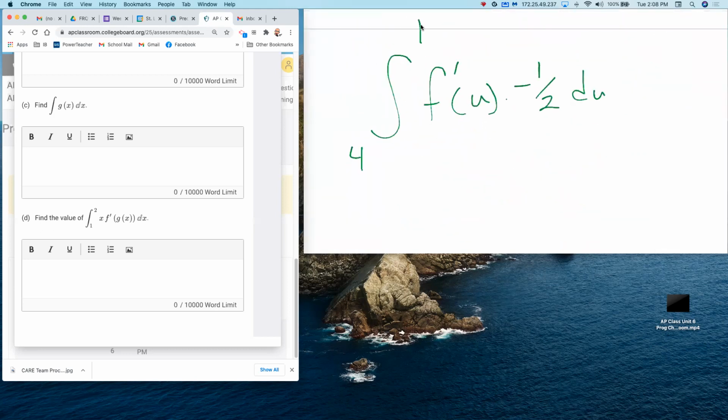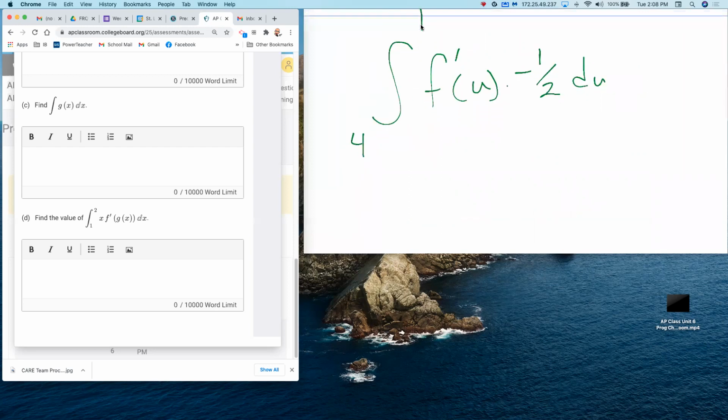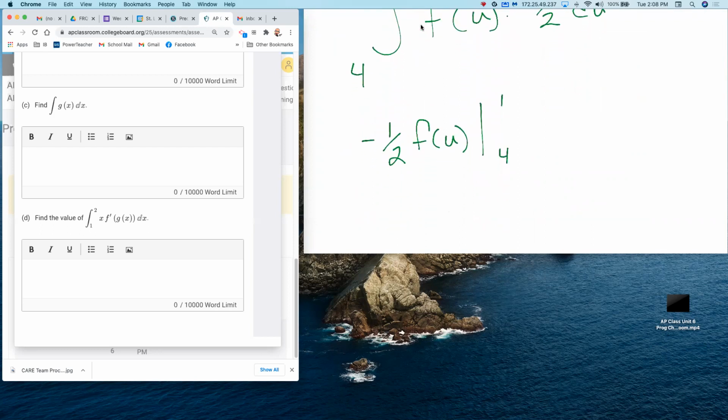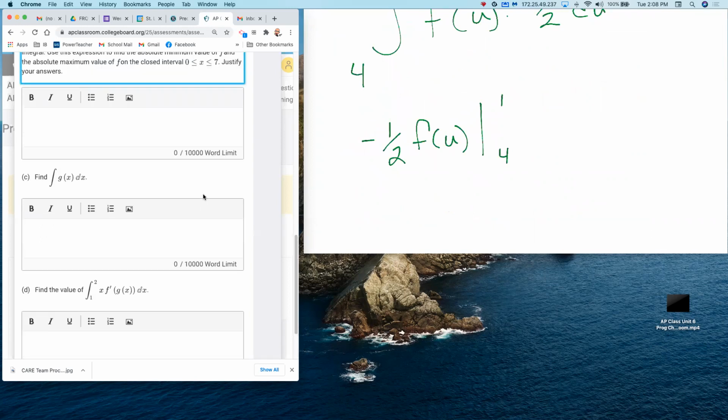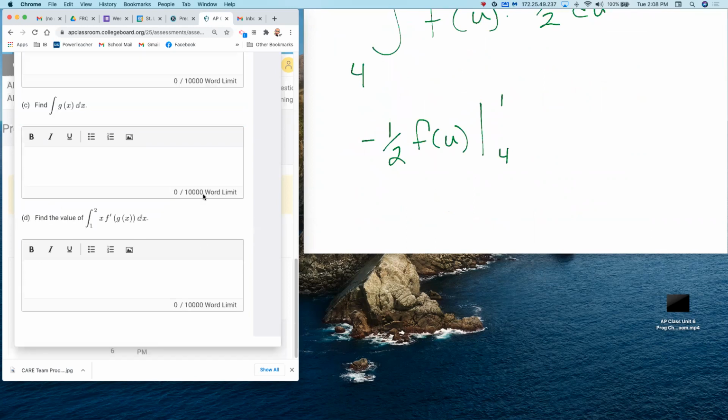What I wrote there is another point. The final point is the answer. And the final point, what you'd have is you have negative 1/2, that's a constant. This is f of u, evaluated from 4 to 1. So now what you have on here is negative 1/2 f of 1 minus negative 1/2 f of 4.